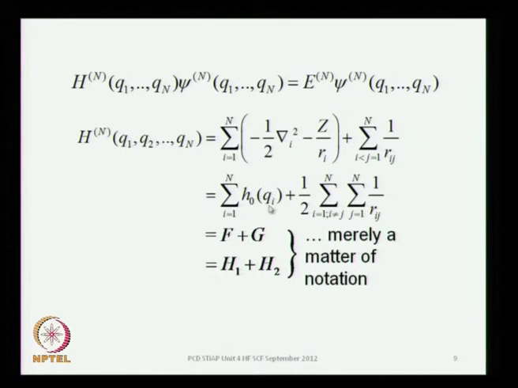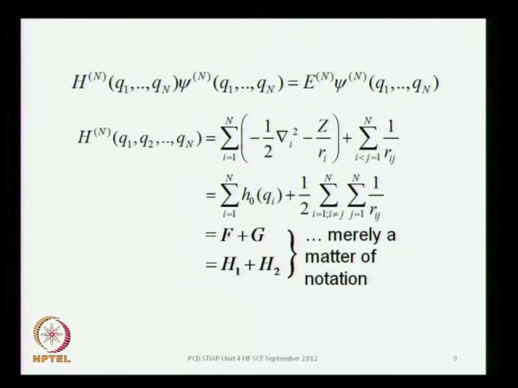So, this is usually called the 1 electron Hamiltonian, and this term the 2 electron Hamiltonian, and sometimes it is referred to as H1 and H2, and sometimes as F and G, but that is just a matter of notation, okay, depending on which book you will be reading.